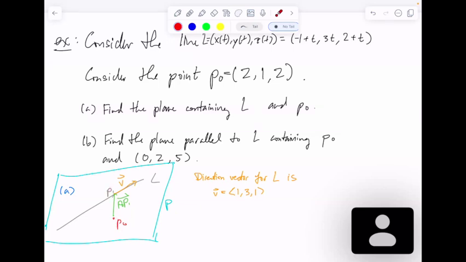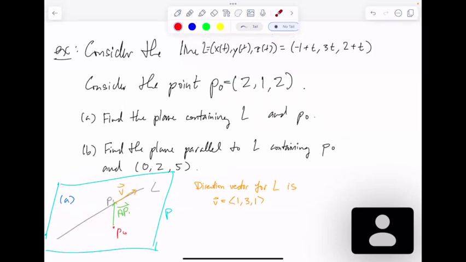So this is 3 minus 1, 0, I believe, which comes from taking P0 and subtracting off the point minus 1, 0, 2. He actually does the opposite of this, but you could do either one. They both give you valid directions. One's just the negative of the other.